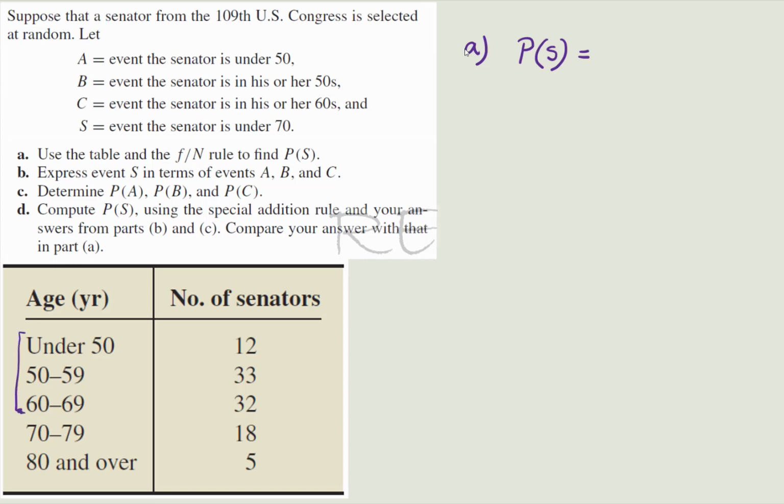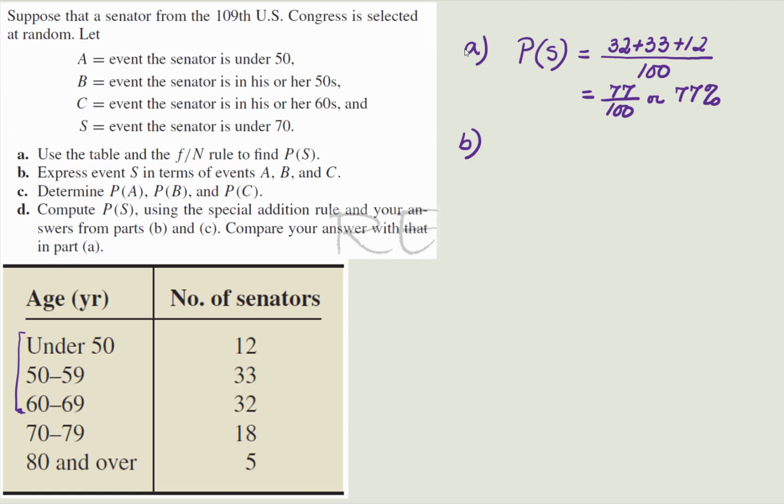So P of S is P of X below 70, strictly less than 70. And this is the part of the graph. So it's going to be 32 plus 33 plus 12 divided by the number of senators, which is 100. So that probability is 77 over 100, which is 77%, 0.77.